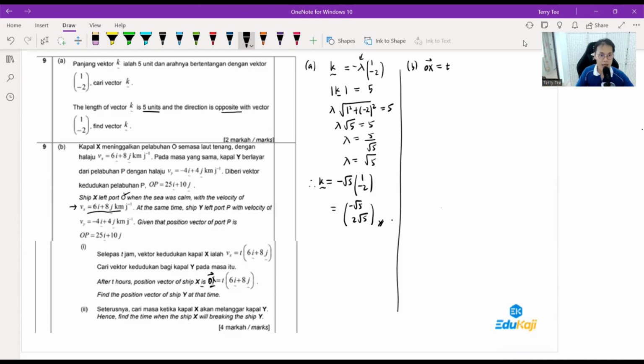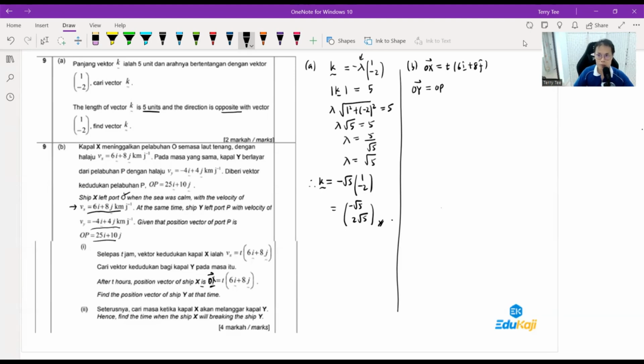Velocity of ship X is 6i + 8j. Now here, I just write 6i + 8j. You can write in column vector. Yeah, in fact, column vector is easier. Then we're supposed to find the position vector of ship Y. Now remember what I said just now, ship Y equals your initial position. Okay, read the question again. Where's the initial position? Ship Y left port P with this velocity, and port P has this position vector.